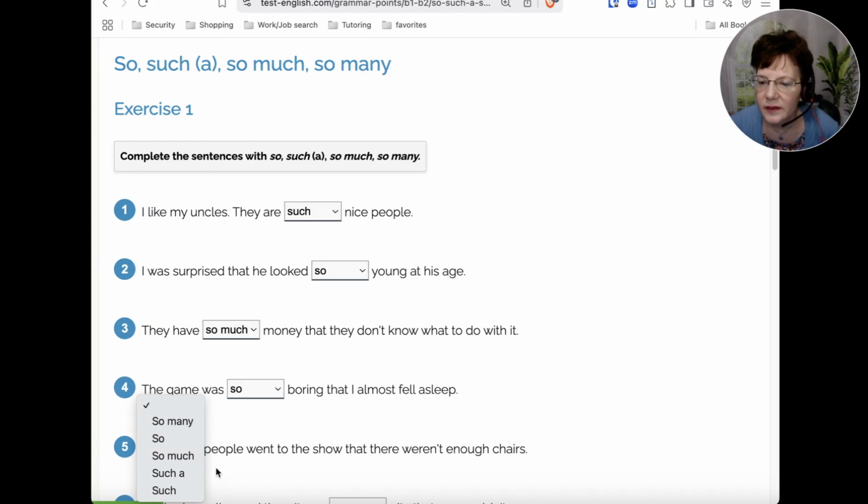Okay, same choices. So which one goes before this one? ...people went to the show that there weren't enough chairs. All right. So if you chose the first one, so many, that would be correct. People is countable here, and it's plural.